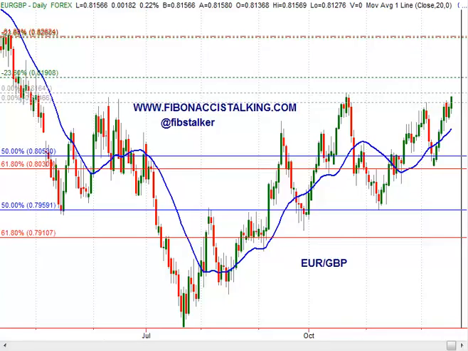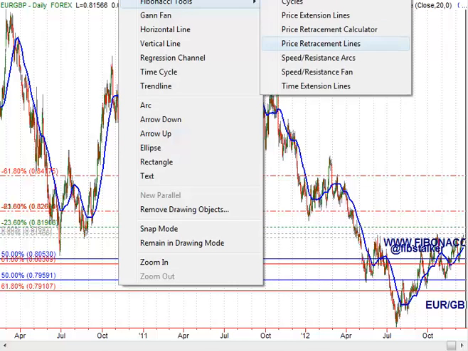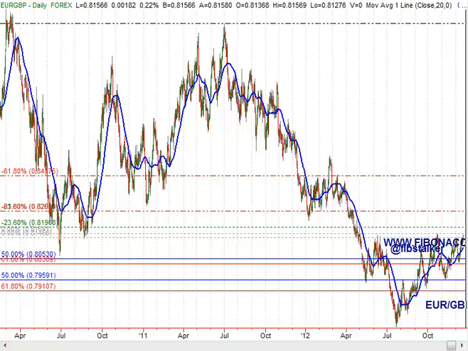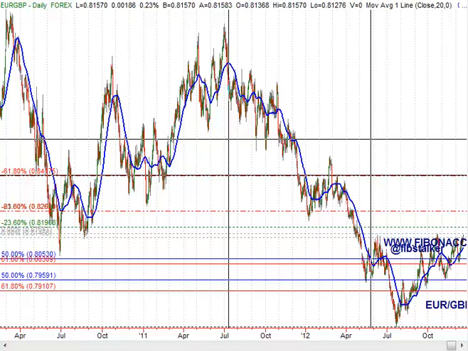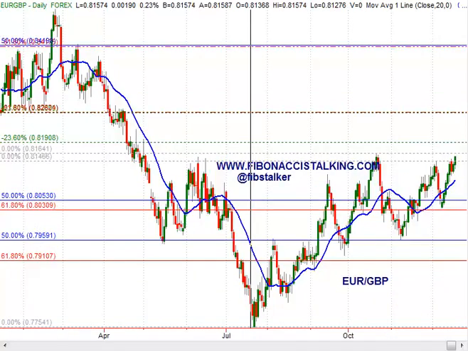So let's see where we have this resistance level, and that could be an area where we get partial profits out of this market, and this would be the 84.10 level.